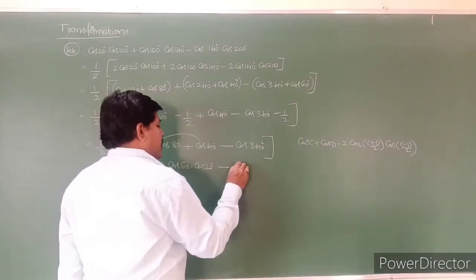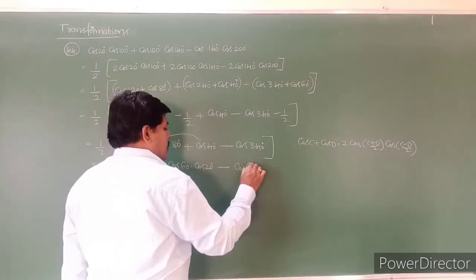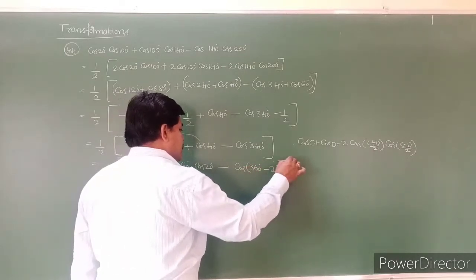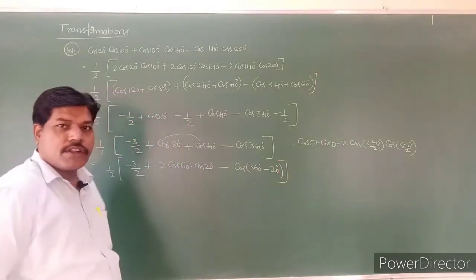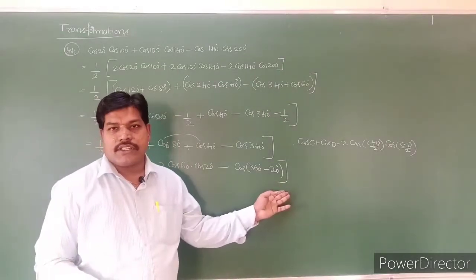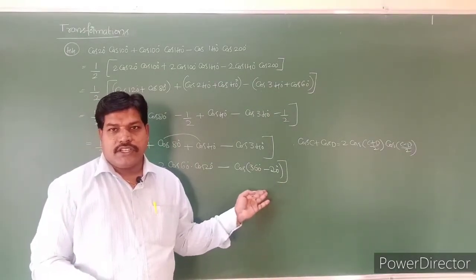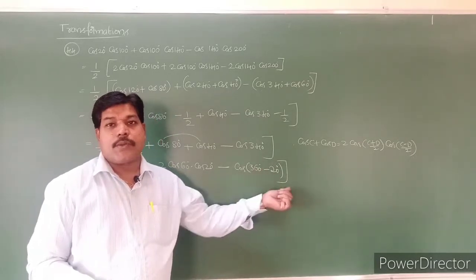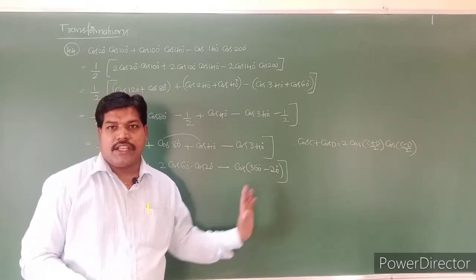this cos 340 you can write as 360 minus 20 degrees. Cos 340, I have just written as 360 minus 20, which is 340, yes or no? Why? Because if you write cos of 360 minus theta, you get this value, that's why I am writing in this form.